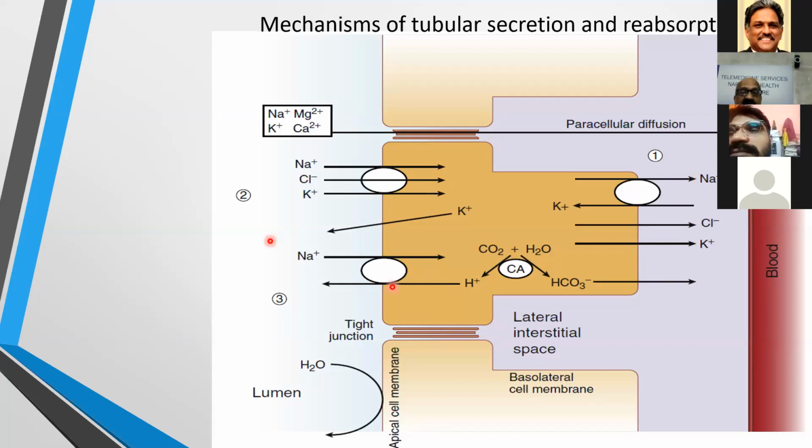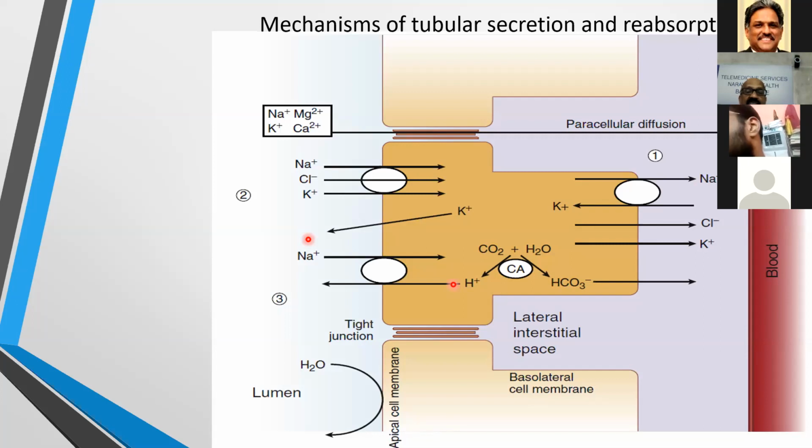So the body is getting rid of hydrogen ions, which is responsible for causing acidosis. So renal function here is extremely important to maintain the hydrogen ion concentration within a narrow limit, leading to a plasma or blood concentration of hydrogen ion between 36 to 44 nanomoles per liter.